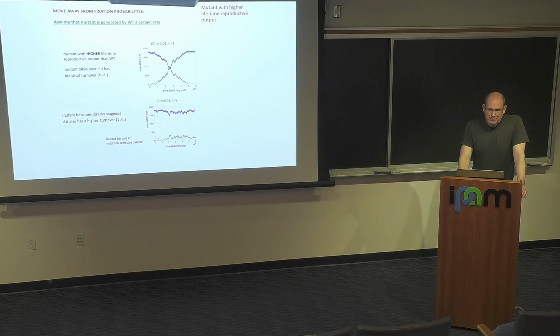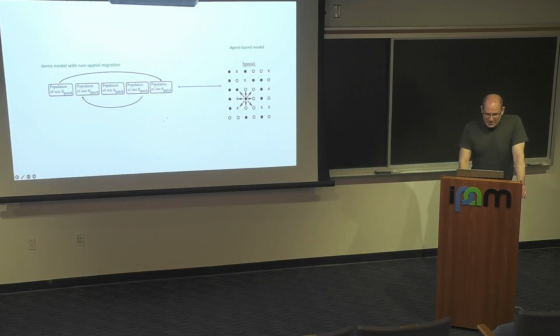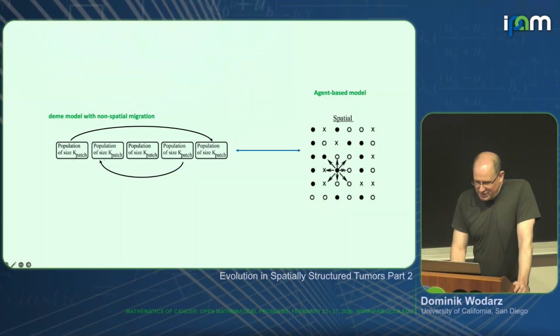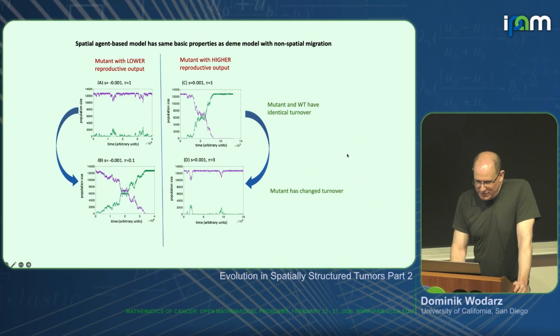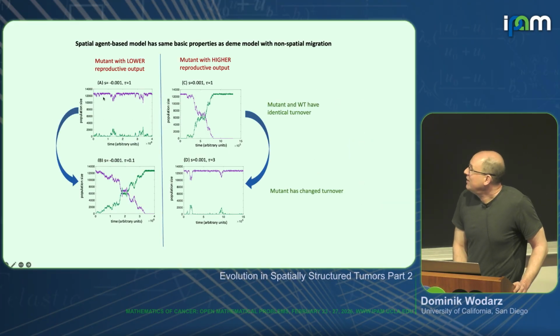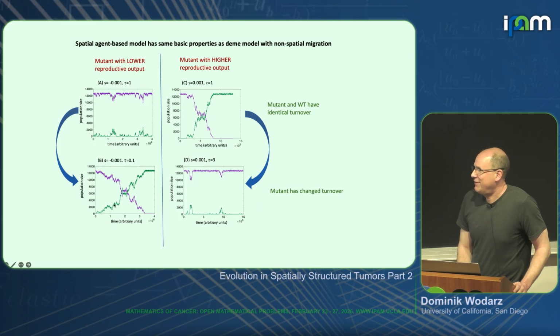And this is with the deme structured model. You can do the same thing with the spatial model. I don't want to take much more of your time. This is just the agent-based model, and you can do the same simulation. You have the disadvantageous mutant with tau equals 1, selection mutation balance. Here the green is the mutant. And if you reduce tau, it still has a reduced lifetime reproductive success, but the mutant moves in and sweeps in.